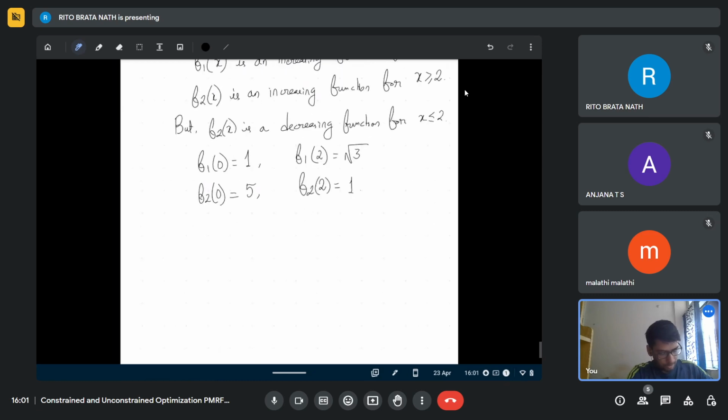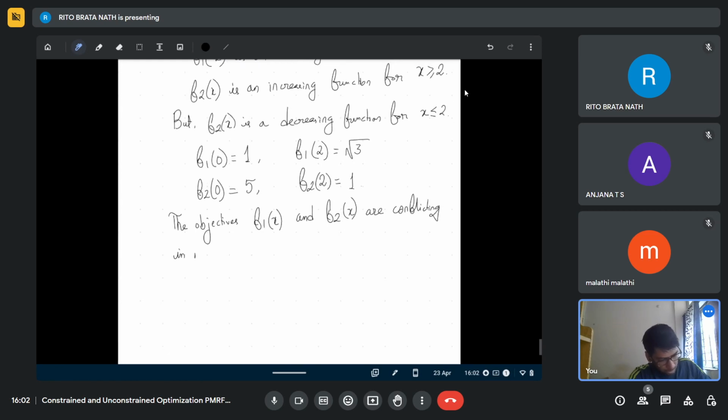So let me write down: the objectives f1(x) and f2(x) are conflicting in nature between 0 and 2, that is, x belongs to [0, 2].